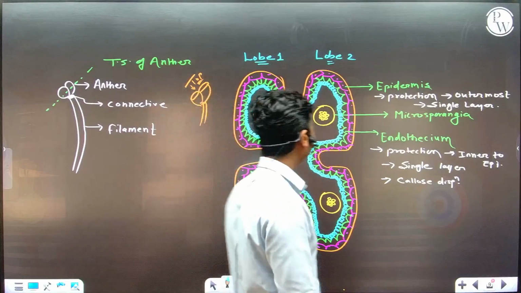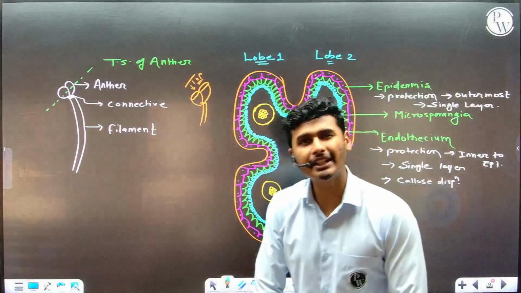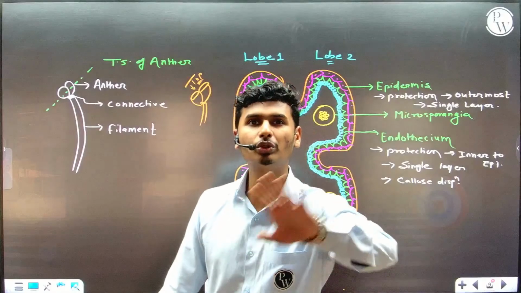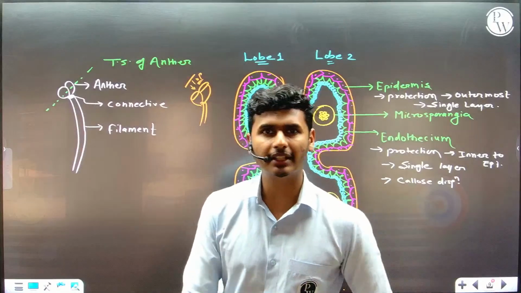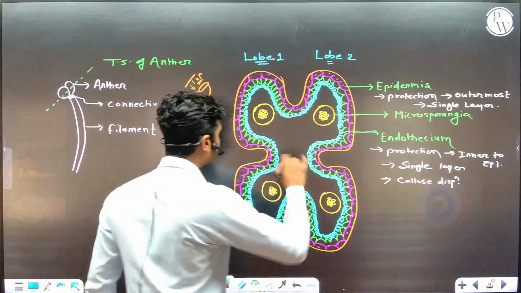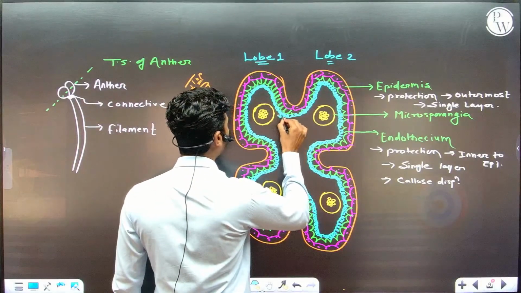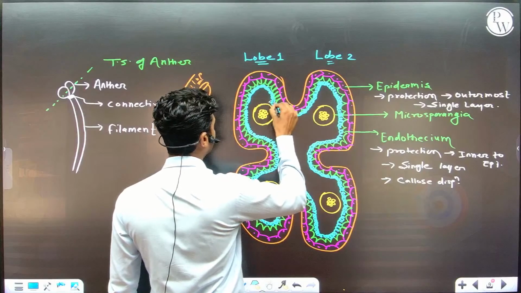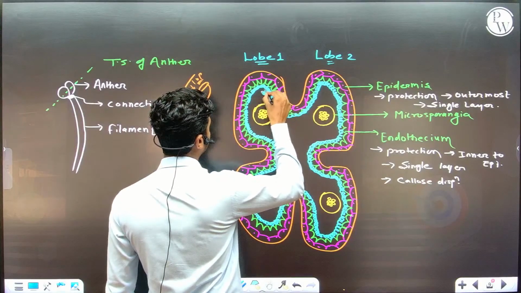This is known as the middle layer. But how many middle layers are present? 2 to 3 middle layers, sometimes 4, according to the size of anther and protection purpose. Now, I am going to draw another middle layer here, at least 2, to understand the topic.